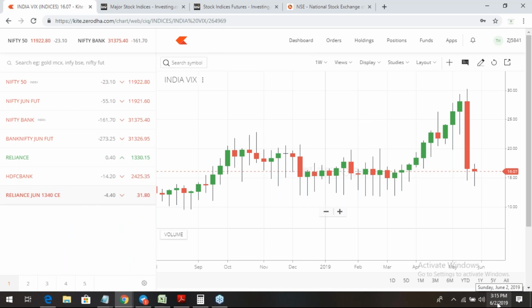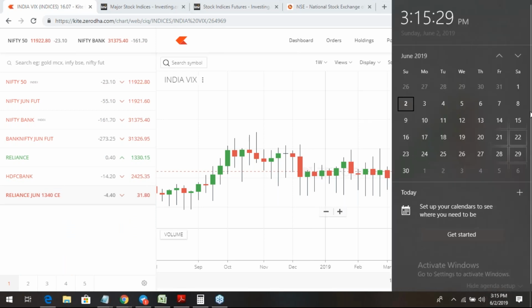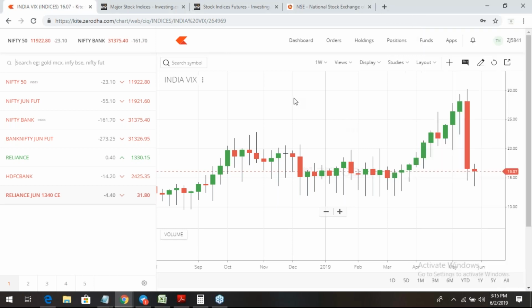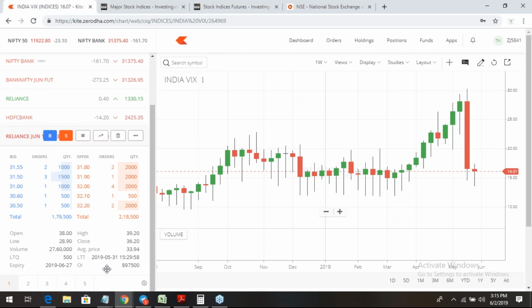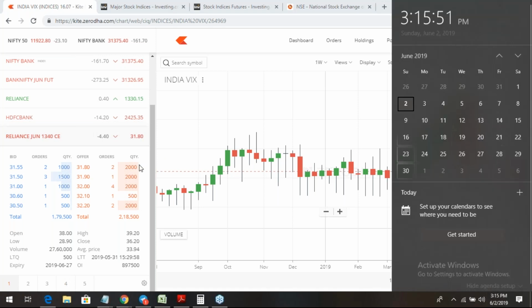Just a first. The expiry is on 31st, the expiry is there, 27/6, right? 27/6.